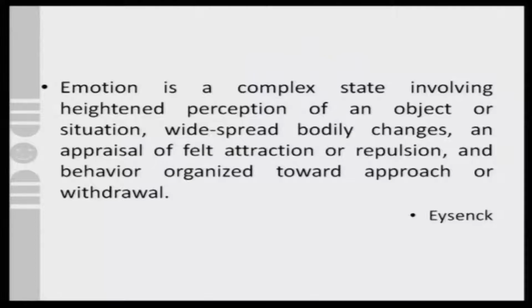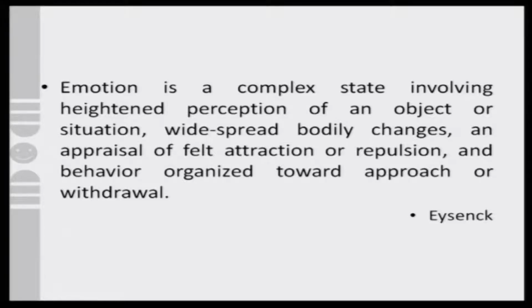Just to define emotion, I am taking this definition given by Eysenck, who says that emotion is a complex state involving heightened perception of an object or situation, widespread bodily changes, an appraisal of felt attraction or repulsion, and behavior organized towards approach or withdrawal.